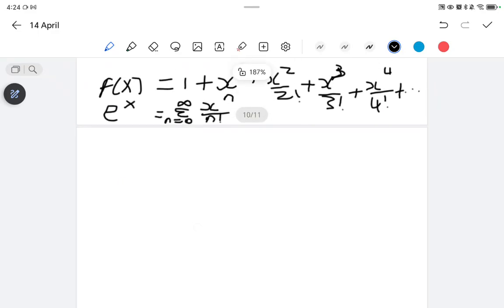And then now for b, we have that f of x is equal to e to the minus x, about x equals 0.